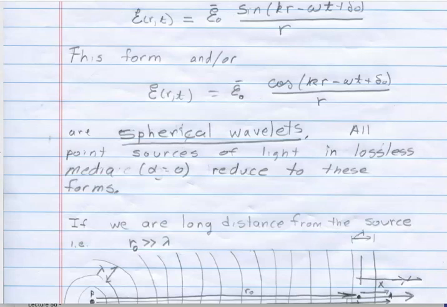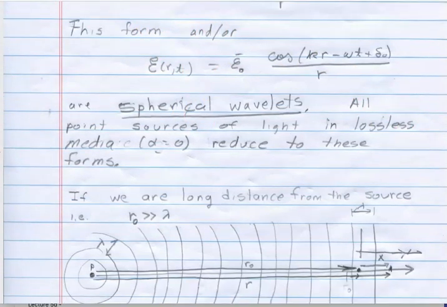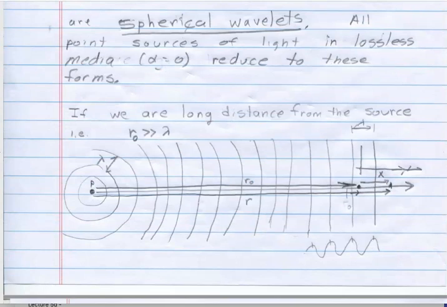Really, any wave from a point source in really any kind of media. This could be a point source of sound, and it'd be sound waves, or of these general wavelet forms. Now what I'd like to do is take a look at that in a slightly bigger perspective. So I have a point source over here, and it expands about it spherically. So all of these are parts of spheres.